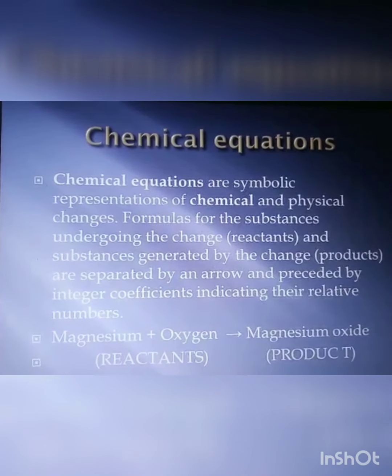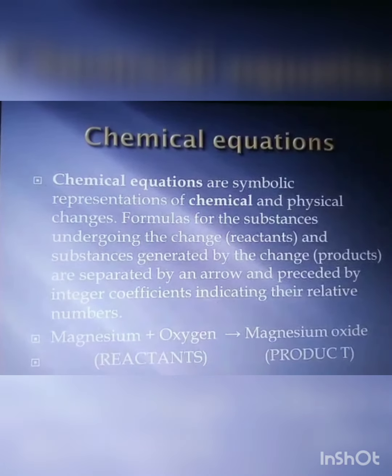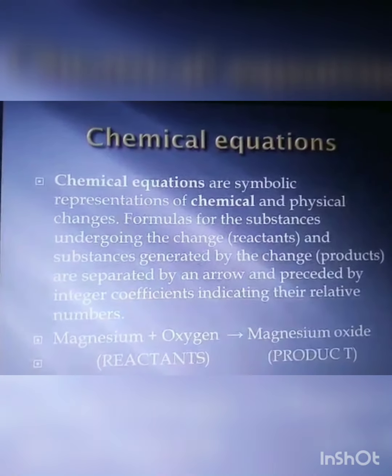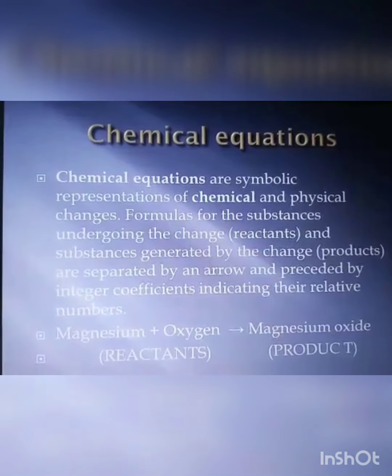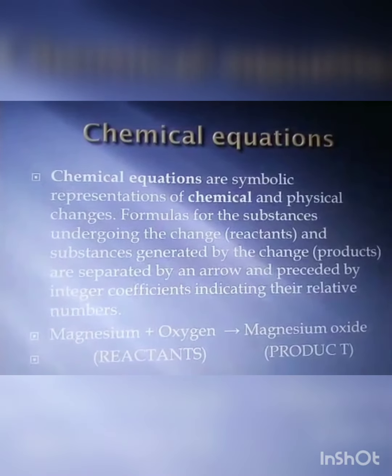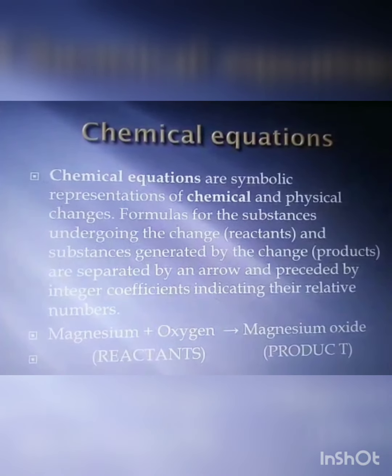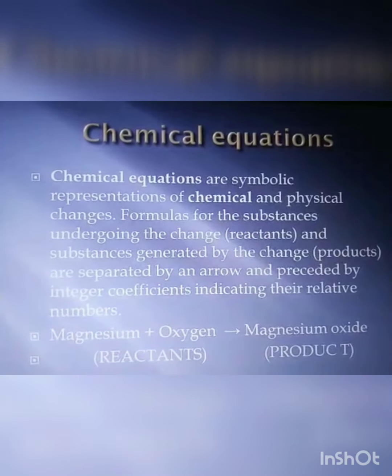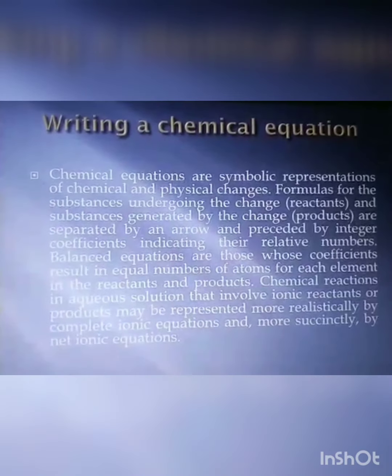Now, what do we observe? Students, when magnesium burns in the presence of air, it means magnesium reacts with oxygen. What will it give? Magnesium oxide, that is MgO. When Mg reacts with O2, it gives MgO, magnesium oxide.